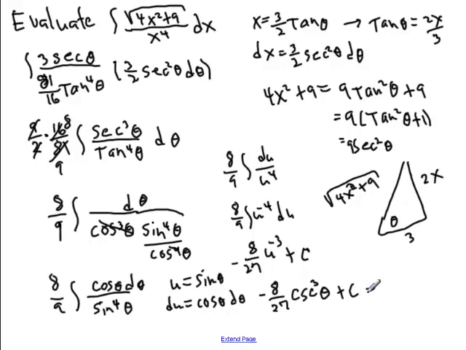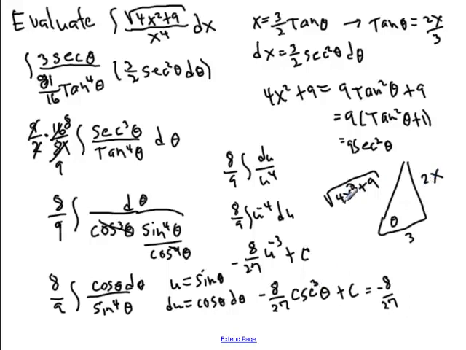So our final answer then is going to be minus 8 over 27. And we're going to have hypotenuse over opposite cubed.